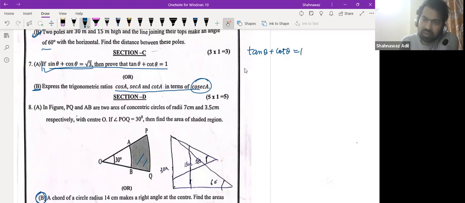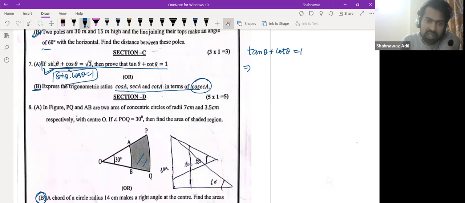Yeah, we proved, but the quadratic equation one that we proved is wrong, right? We have to do sine theta plus cos theta, so from that we didn't get the solutions. We have to only square this thing. We will get sine theta cos theta as one, right?